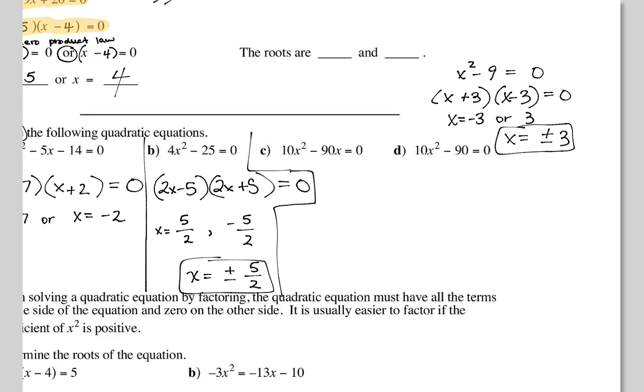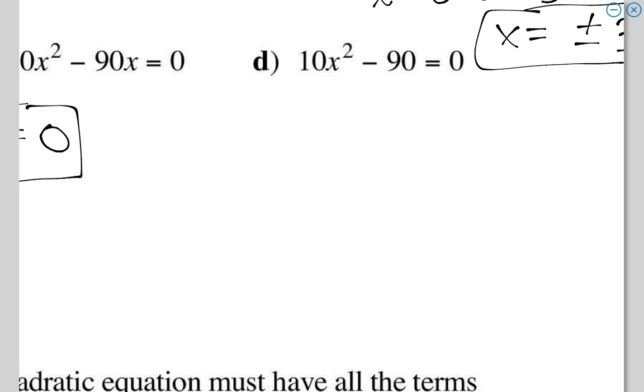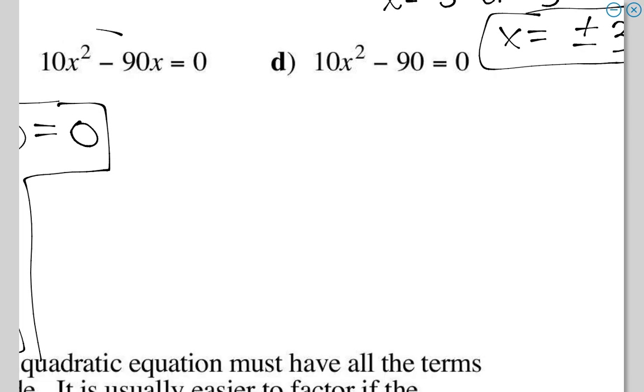Now the next two are similar, but a little bit different. So let's do the first one. What's up with this? There's no constant. Good, there's no C value. So can we do the inspection or decomposition if there's no C value? No. And 10 and 90 are not squares.